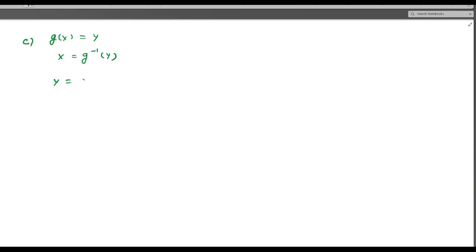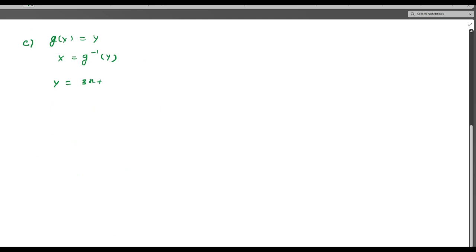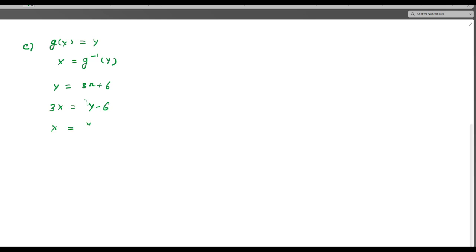So y is equal to 3x plus 6. This gives you the value of 3x equals y minus 6, and therefore x is equal to y minus 6 divided by 3. Therefore, g inverse of y is y minus 6 divided by 3.